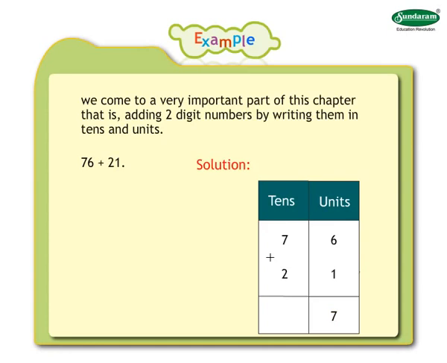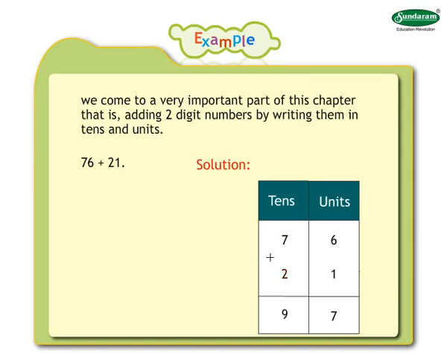Now, add the tens place digits. That is 7 plus 2. We have to add 2 to 7. So, draw 2 dots. Count the dots from 7. That is 8, 9. So, 7 plus 2 is equal to 9.